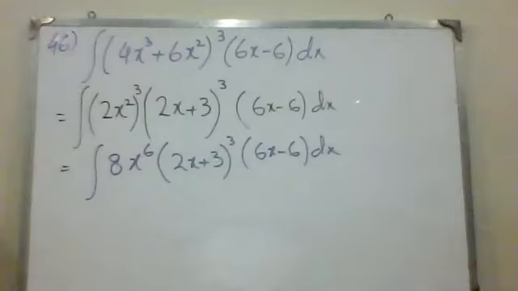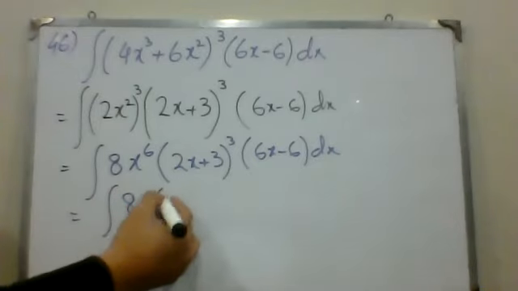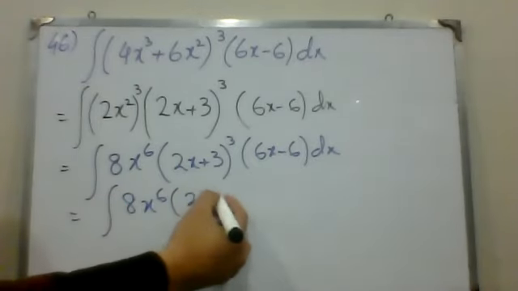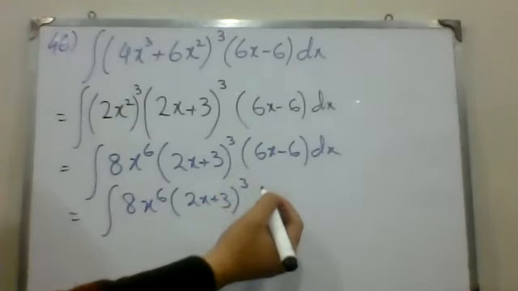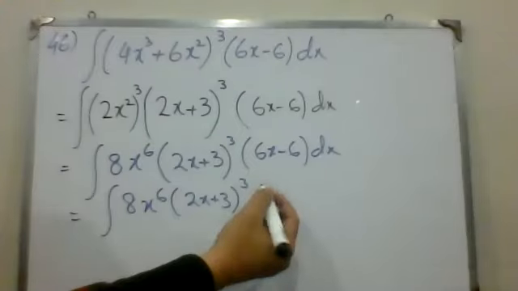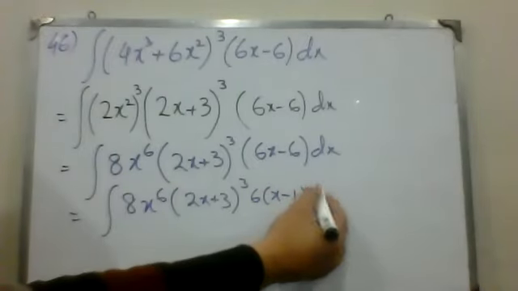Okay, yes, sir. Now again, next step, how can we solve such a problem, Shabash? So here 8 x power 6, 2x plus 3 whole power 3, and here 6 is common, x minus 1 dx.